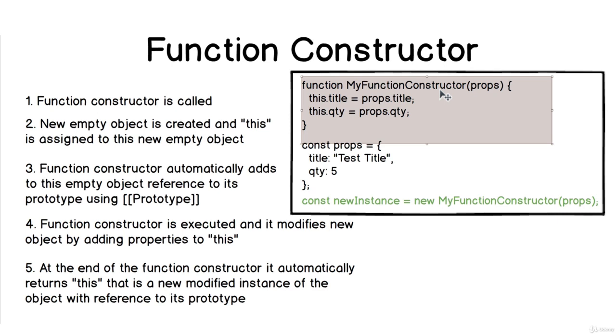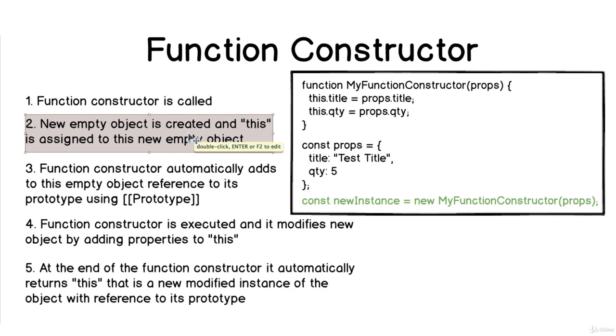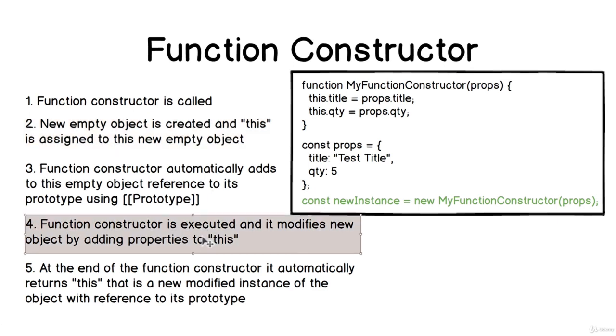Okay, next, this function is executed. And if it has such statements as this.title equal to props.title or this.quantity equal to props.quantity, we change this. And this points to newly created empty object. And here we simply add new properties to this object. That's why you need this.